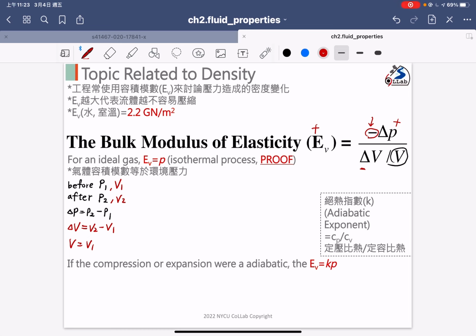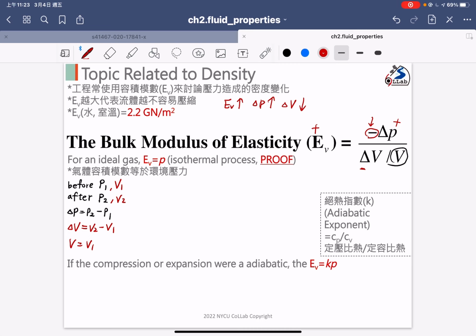Okay, so that's why I say, my question is, if the bulk modulus is larger, that means the delta P is larger and the delta V is smaller, right?